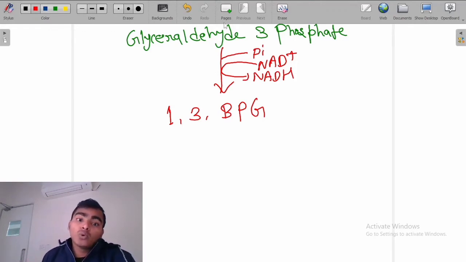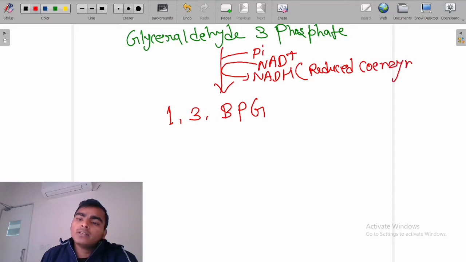There is an oxidation of the glucose molecule, but NAD+ is getting converted into NADH. This is a reduction of NAD+. So now NADH is a reduced coenzyme. Okay, so NAD+ has been converted into NADH. That means there is a reduction of the NAD+ molecule.